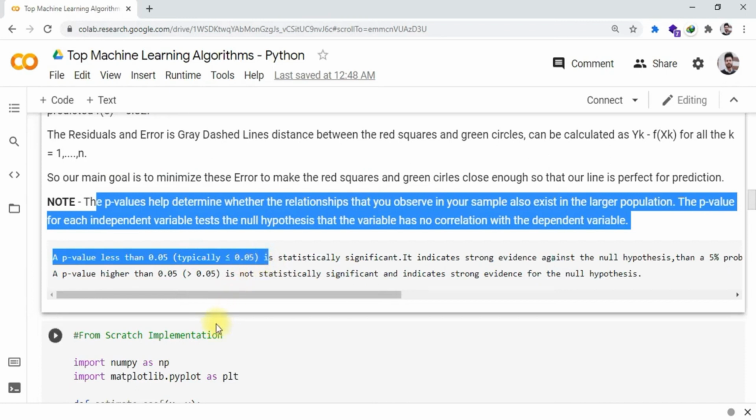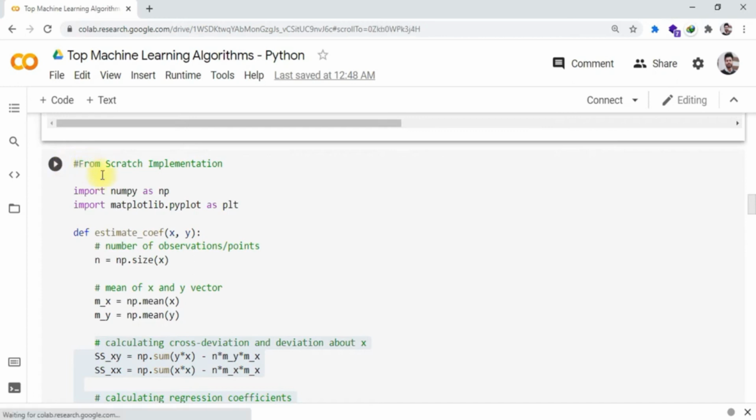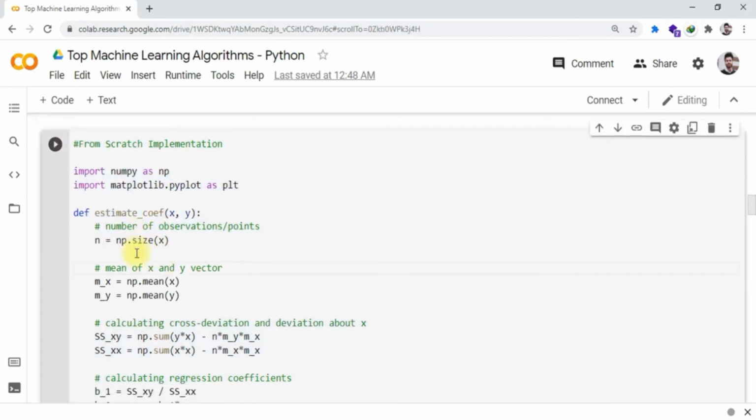So let's go for the implementation part, the from-scratch implementation. As you can see here, to calculate the intercept and the slope, we are going to calculate the mean of x and the mean of y.